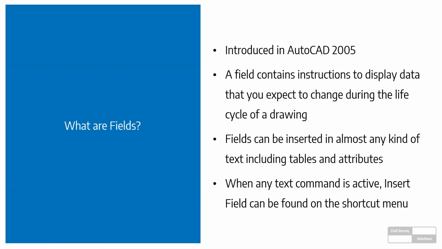When we've got an editing command for a table or a text entry, you'll also find on the right hand, when you right click, that the field option or insert field will be able to be found on the shortcut menu. I will show you where to locate the field tools in AutoCAD as we go through.